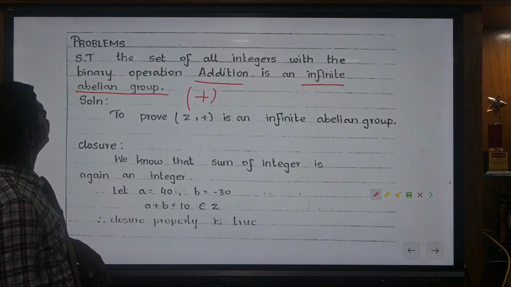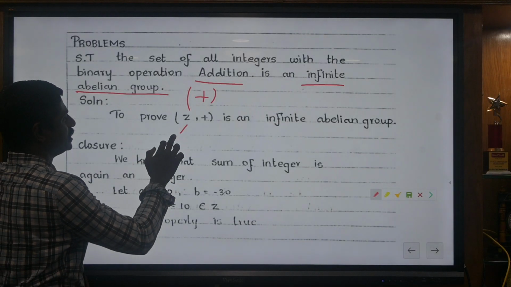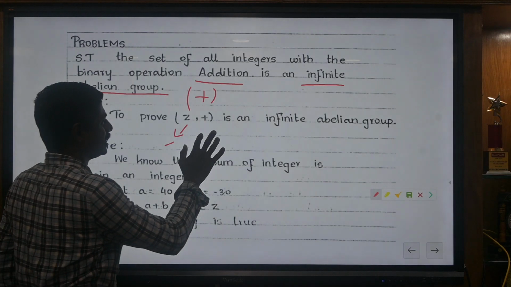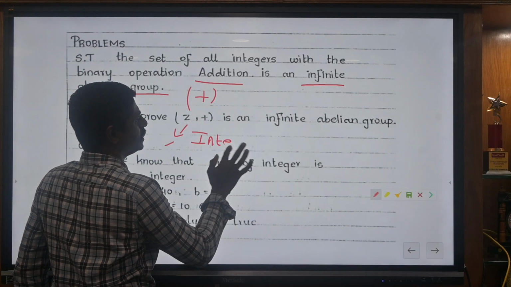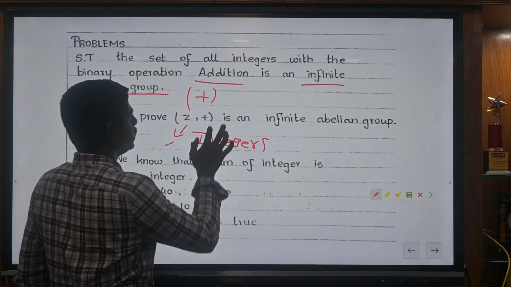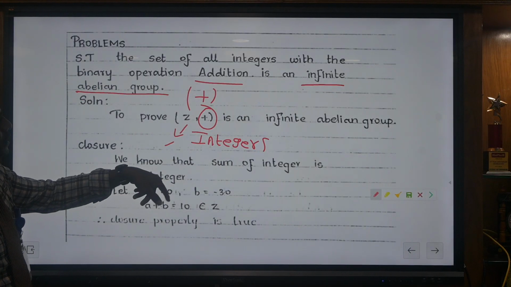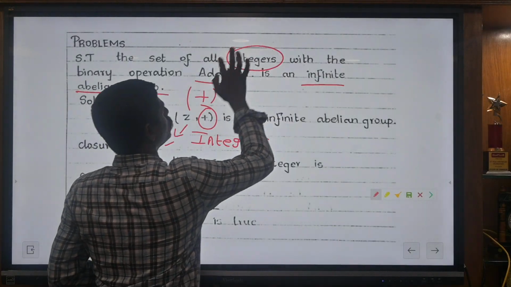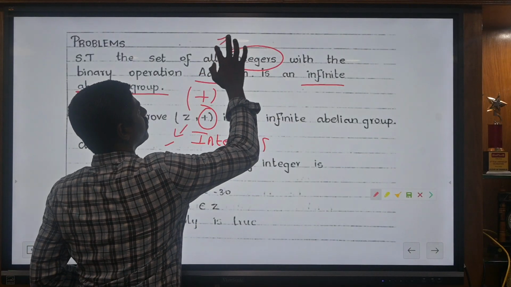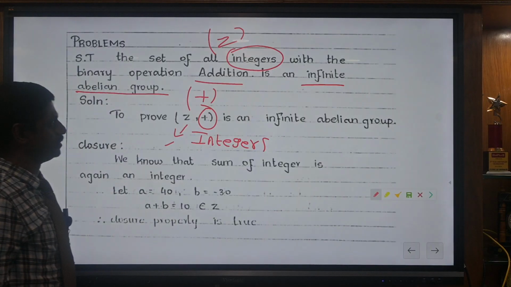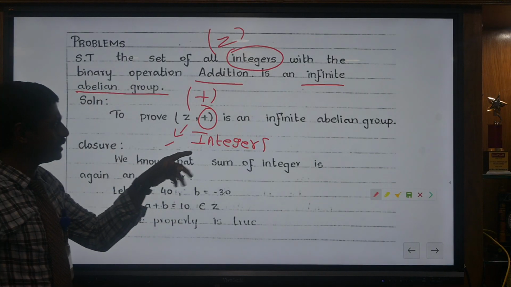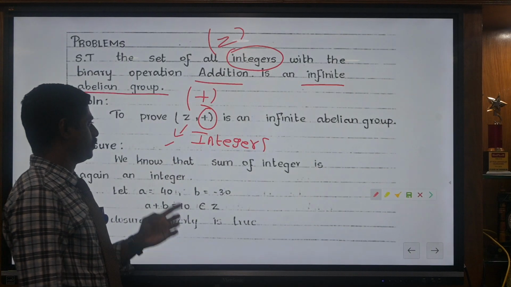To prove this, I take Z, the set of all integers, and the operation is plus. To prove Z comma plus is an infinite abelian group, we prove one by one.